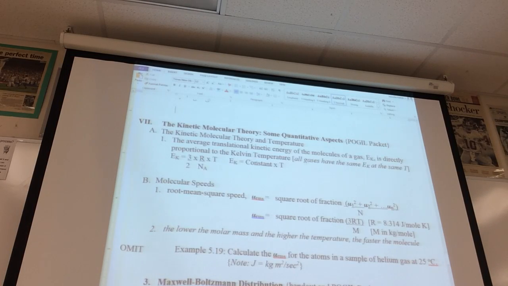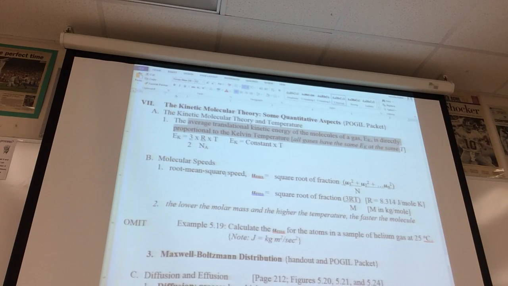All right, a couple things we said already. Average translational kinetic energy is directly proportional to Kelvin temperature. All gases have the same kinetic energy at the same temperature. Again, most likely they're going to give you a table just like they did in the POGIL packet. If the temperature is constant, the average kinetic energy is constant.